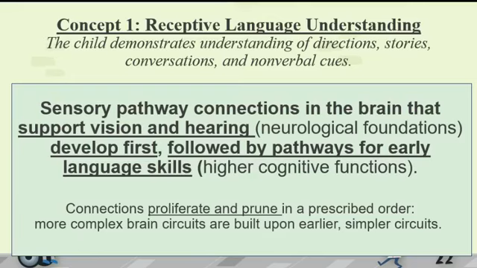So these are those early neurological functions that are happening when we have an infant and they're just beginning to start using their vision and hearing for the first time. Those pathways are laid down first, and then that lays the groundwork for those early language skills that come later.